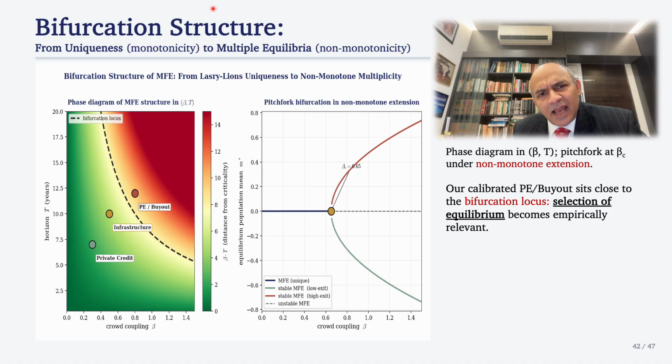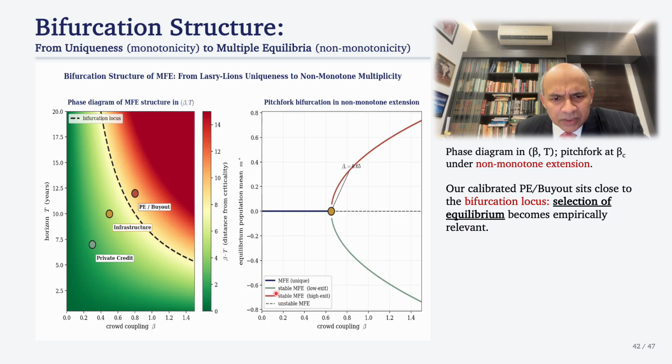Our calibrated asset classes sit at distinct positions in this diagram, and you can see equity beta at 0.8. We have assumed t equals 12 years. This is closest to the bifurcation locus, and that is shown over here.